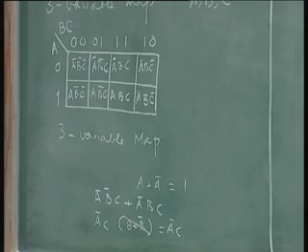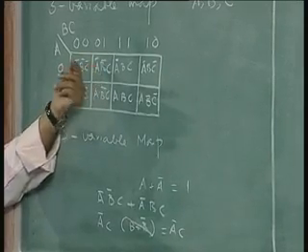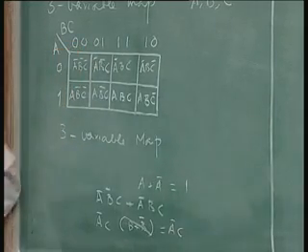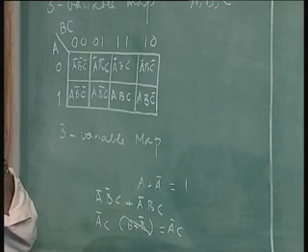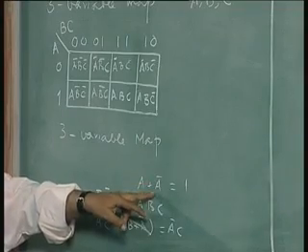The advantage of this representation is between two adjacent cells, either in this direction or in this direction, only one of the variables changes from 0 to 1 or 1 to 0, the other variables remain the same. That means I can use this formula repeatedly.